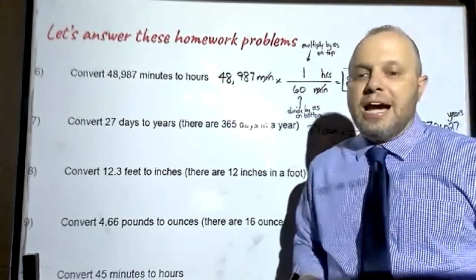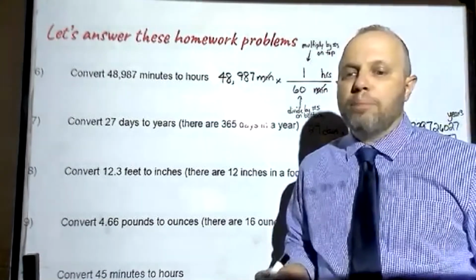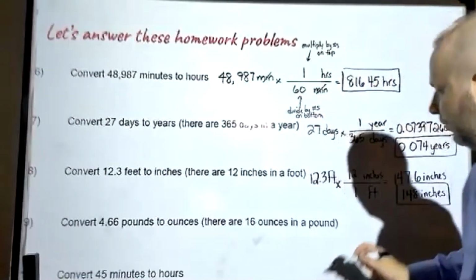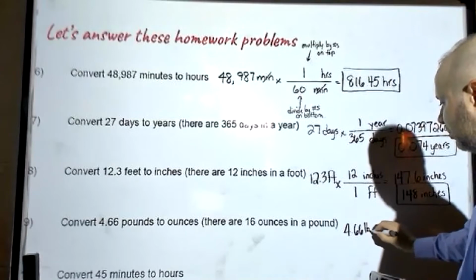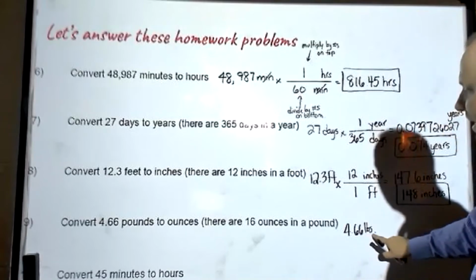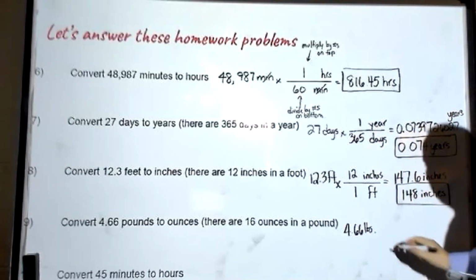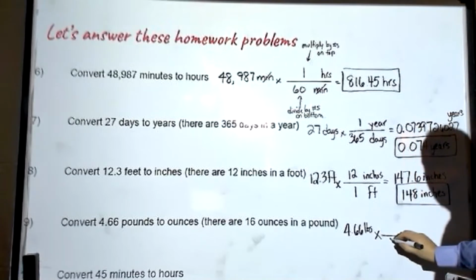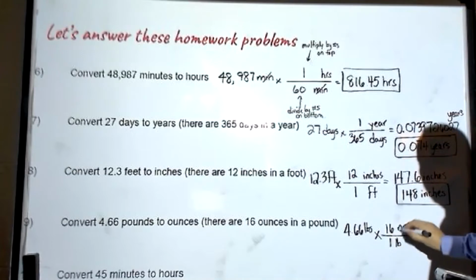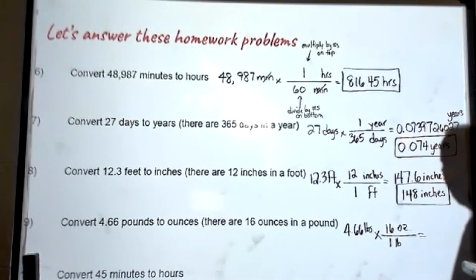In question number 9, we're asked to convert 4.66 pounds. So that's LBS, pounds, to ounces. So every 1 pound is 16 ounces.